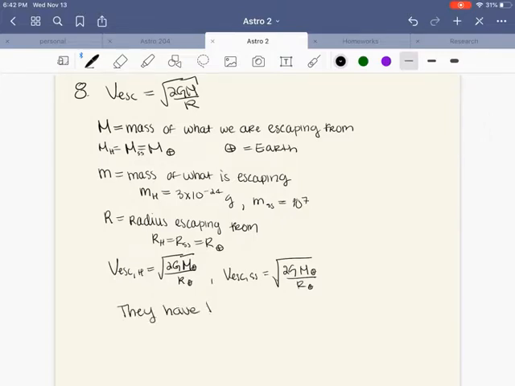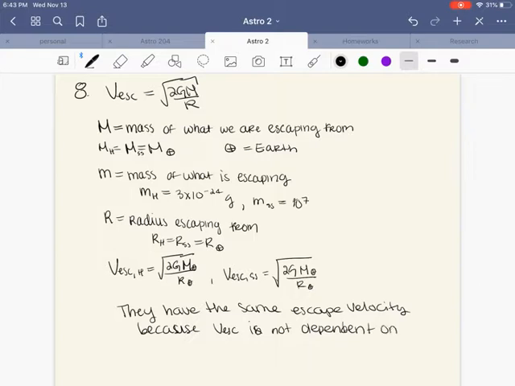They have the same escape velocity because the escape velocity is not dependent on the mass of what is escaping. Okay, so that's problem 8.